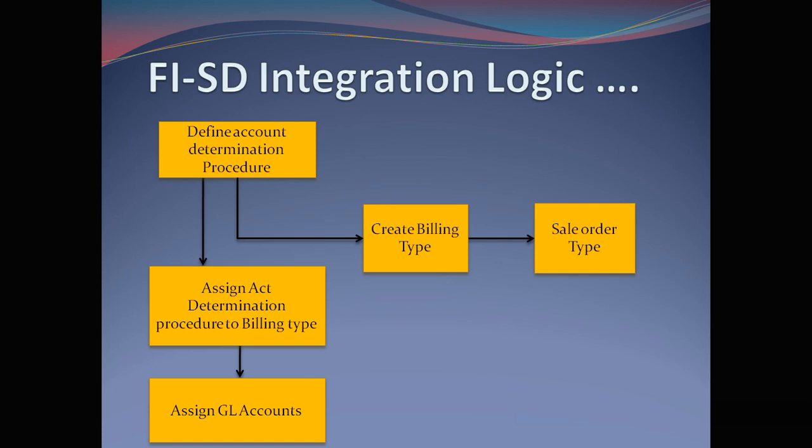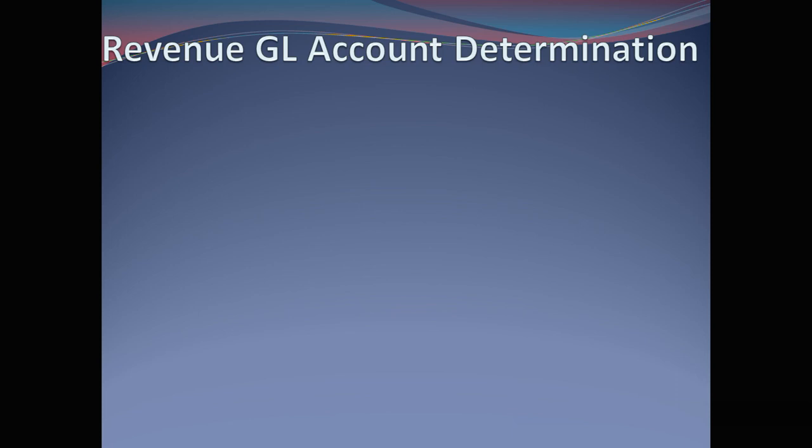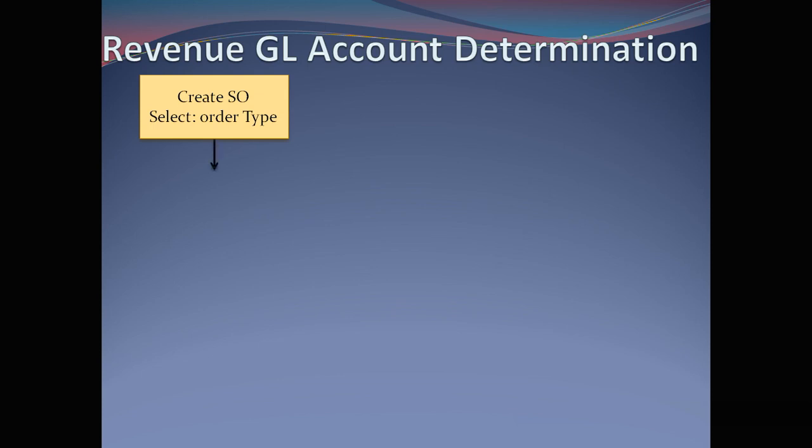Once this is done, now let us understand how revenue GL account is determined once this entire configuration is in place. First of all, when we create the sale order, we select the order type. Based on the order type, system will determine the billing type, because during the configuration we have assigned billing type in the sale order type.